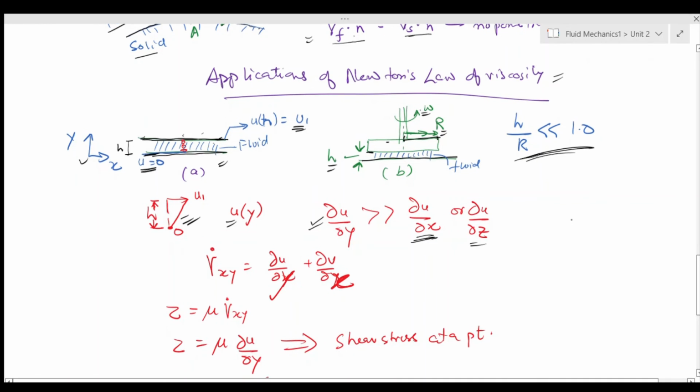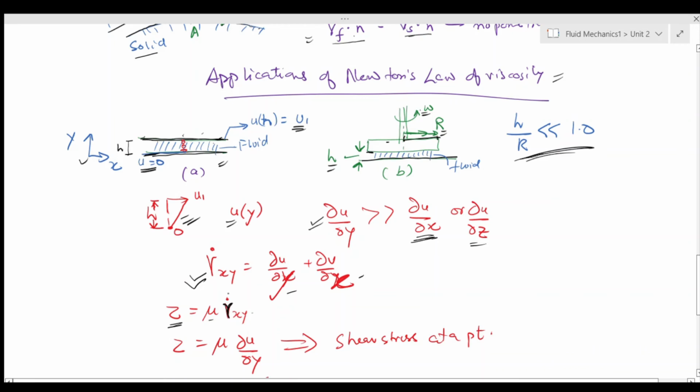Now from before we know that my shear strain rate is actually del u by del y plus del v by del x, and from that I can say that my shear stress, which is equal to viscosity times my shear strain rate, would be tau equal to mu times gamma dot xy.